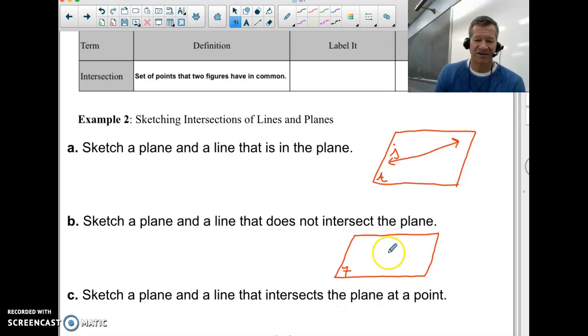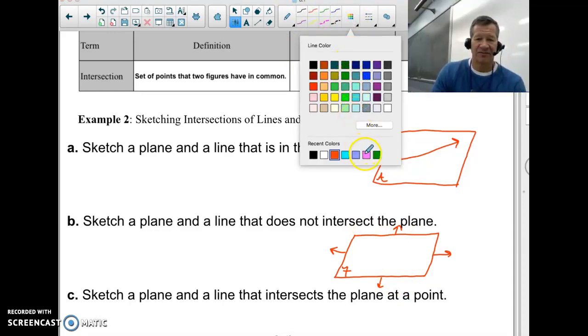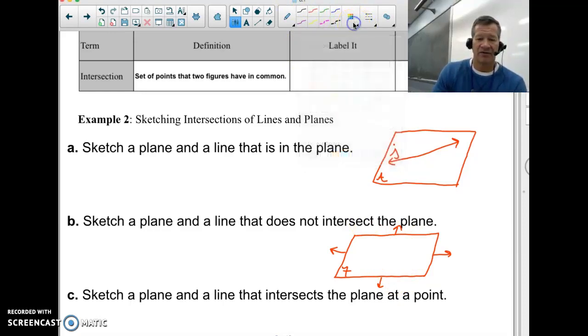Well, if it doesn't intersect the plane, the only way that can happen is if it's parallel, because remember, this plane goes forever in every direction. So if we look at this as a piece of paper lying flat, we can see that that would go in every direction.